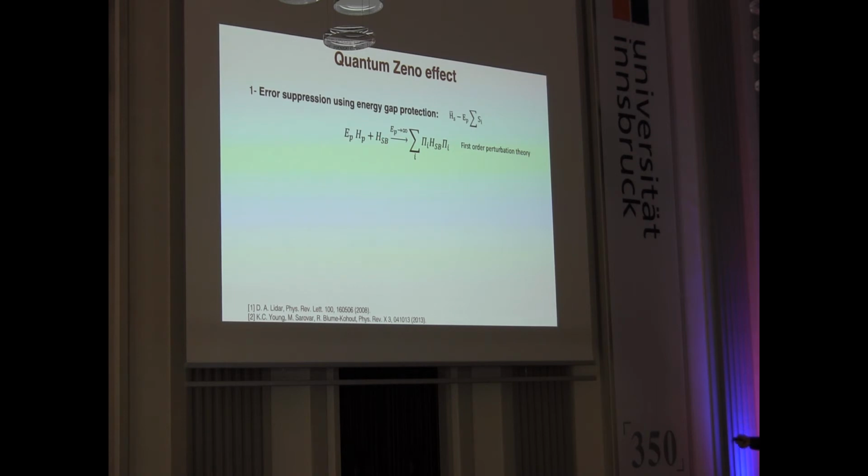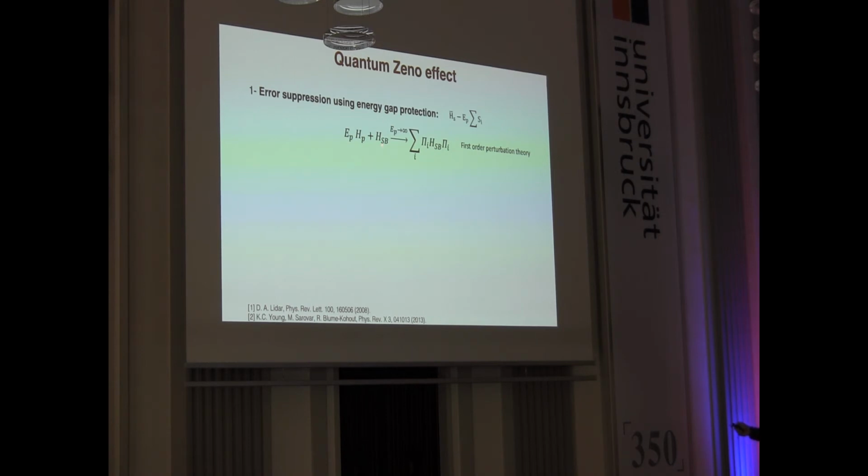general Hamiltonian. Just looking at first order perturbation theory, we can see that the effective Hamiltonian here would be this noise or any Hamiltonian that I'm adding here, but conjugated between the eigenprojectors of HP.